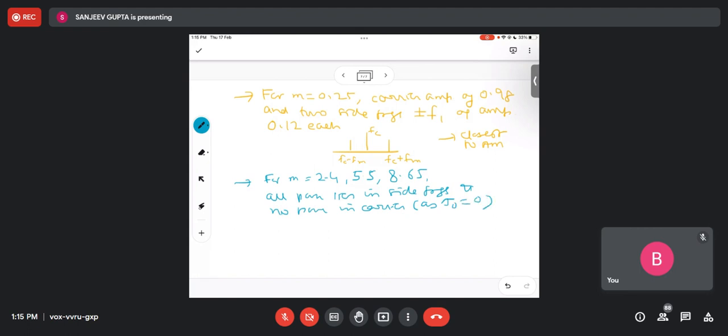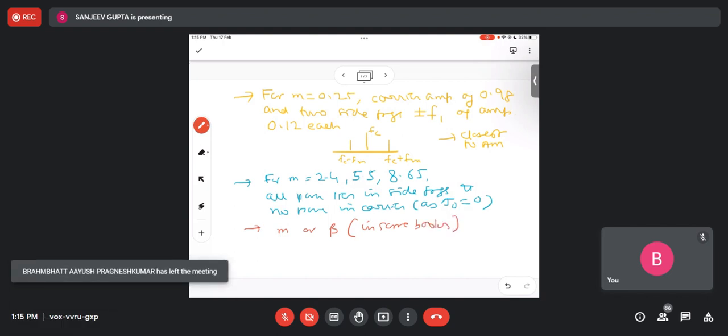Please note that in some books, m is given as beta. So don't worry about that.